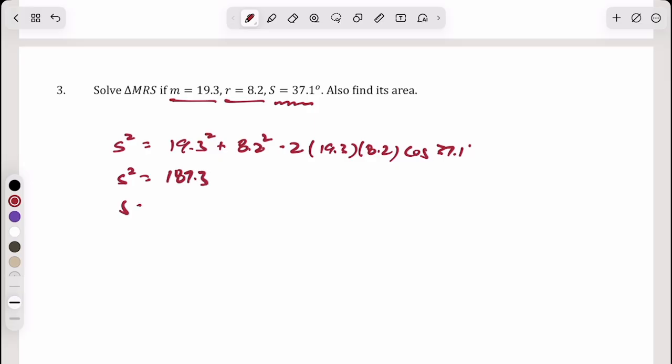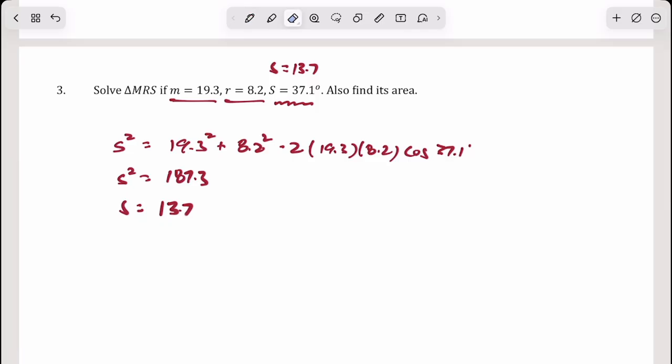So S must be the square root of all that. So we're going to type in square root of the previous answer. And that's 13.7. That's the side length, 13.7 for S. Great. All I need to do now is to come up with the other two angles for M and R.